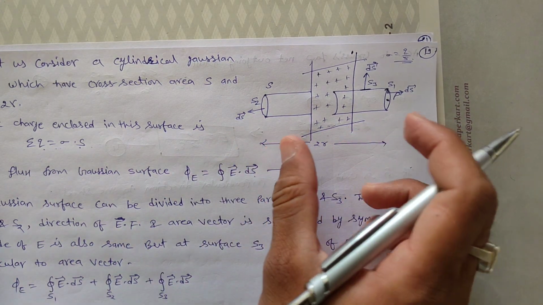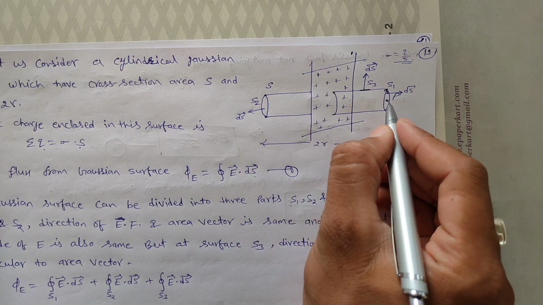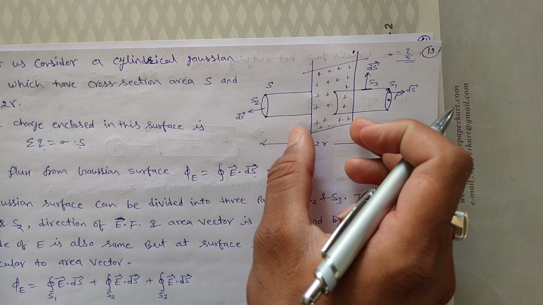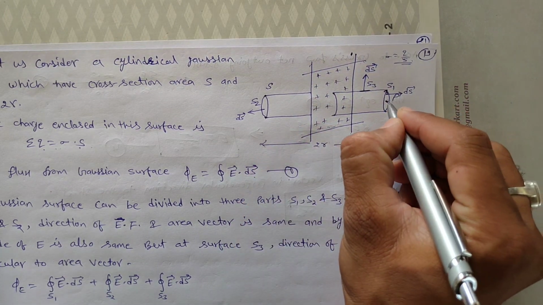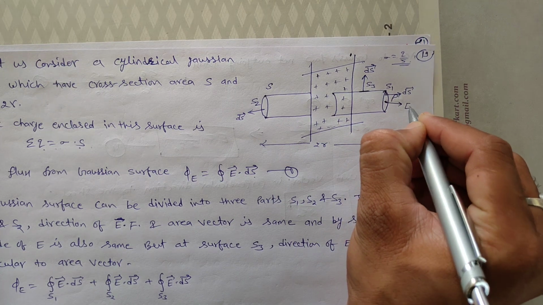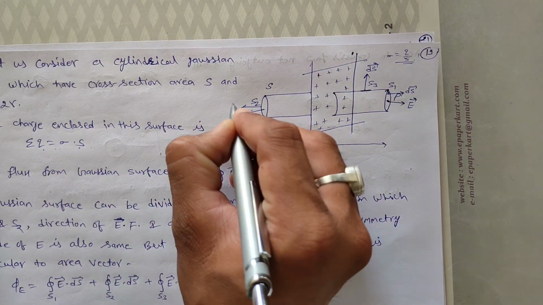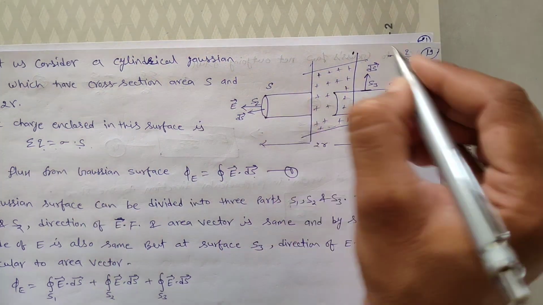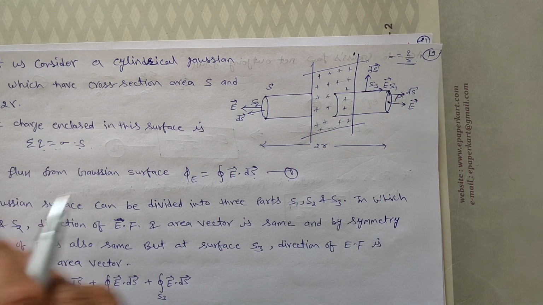We know that the direction of the electric field at point P is perpendicular to this sheet. So we can represent the direction of the electric field like this, and for this point like this, and for S3 like this.